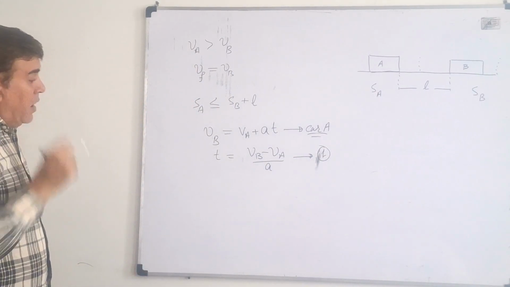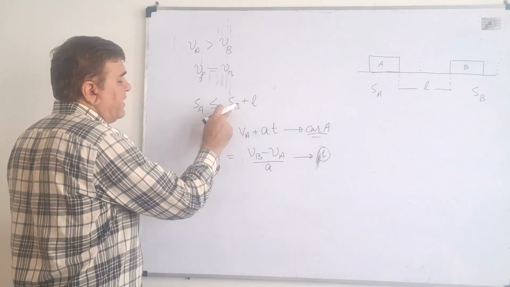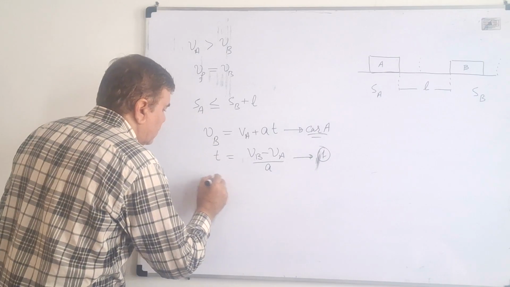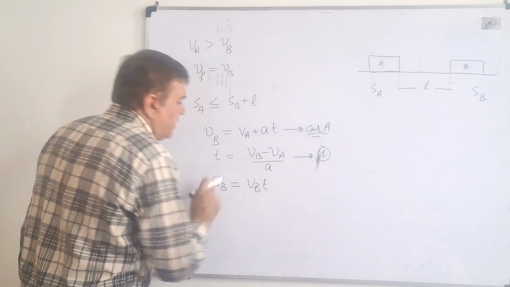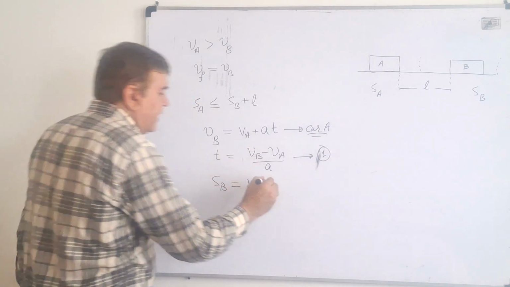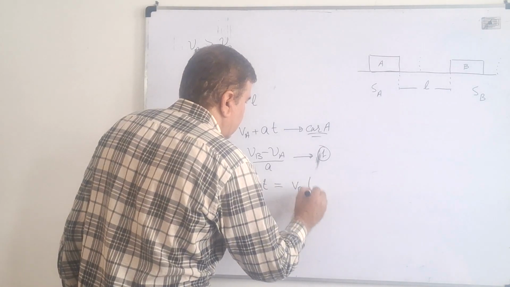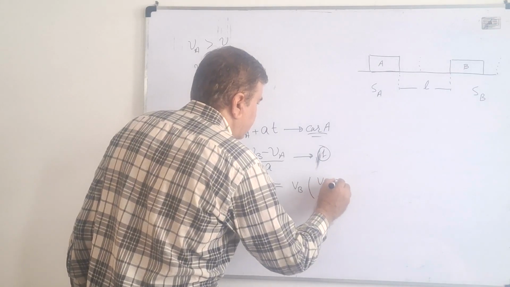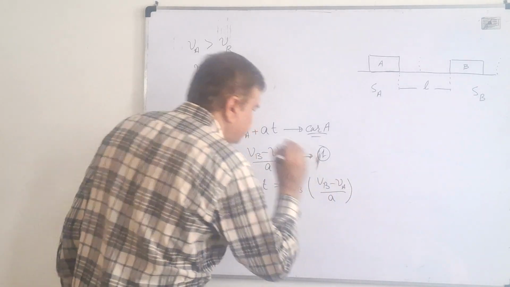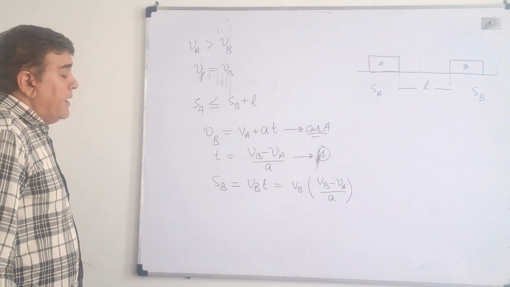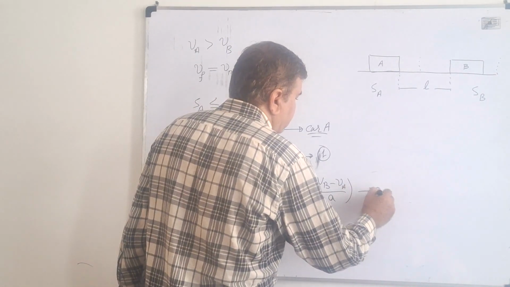Now we need to find the distances. The distance covered by car B in this time is SB equals VB times T, and putting the value of T, I can write this as VB times (VB minus VA) divided by A. Let me call this equation 2.